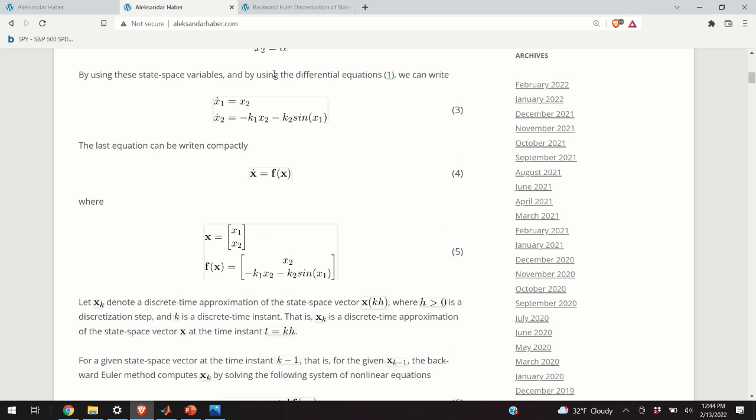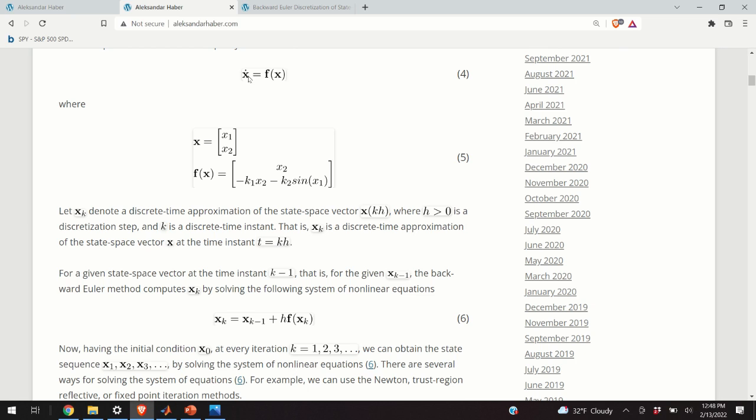Also, even if the dynamics is not stiff, it is more preferable to use the backward Euler method over the forward Euler method, mainly because the backward Euler method has better stability properties. By applying the backward Euler method to equation 4, we obtain equation 6.